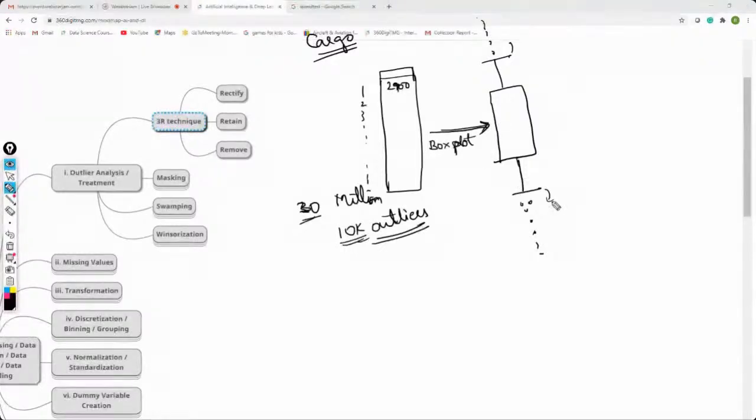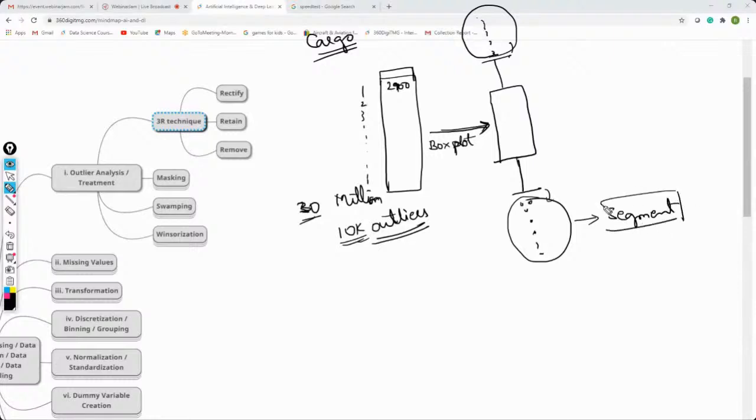If you have a lot of data points here, and a lot of data points here, you treat all these data points as a different segment of data. You treat it as a different data set A and analyze it separately.